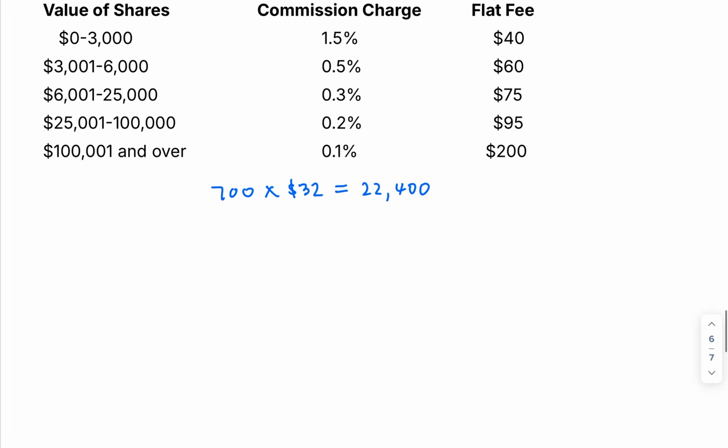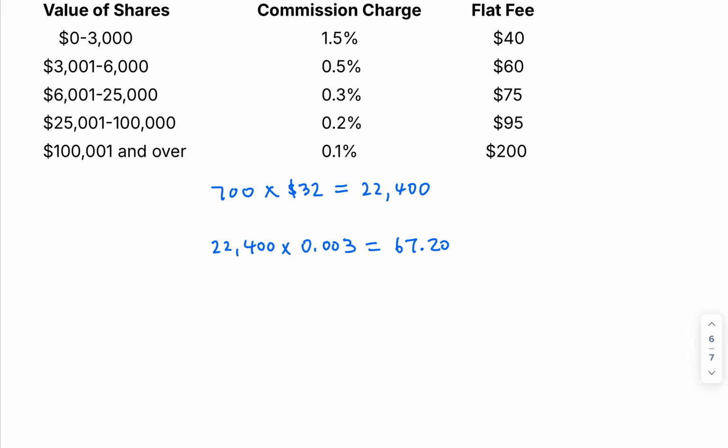Okay, so we're going to go ahead and calculate the commission charge, which is $22,400, and that's going to be multiplied by 0.003, which is the 0.3% commission converted into decimals.